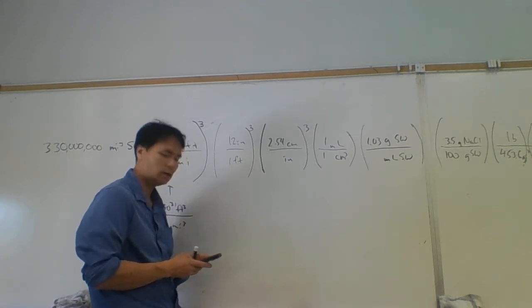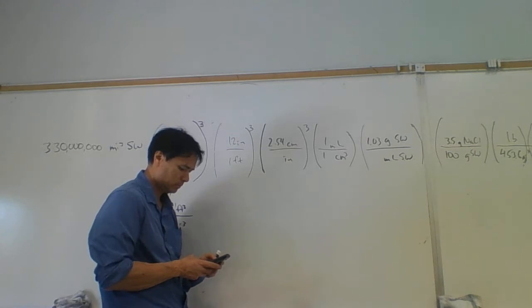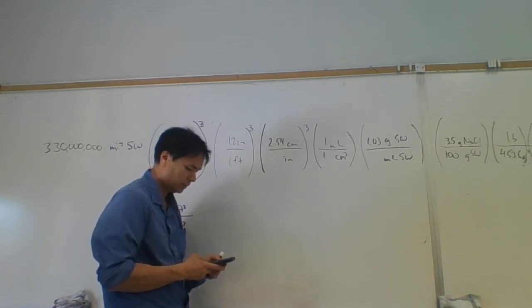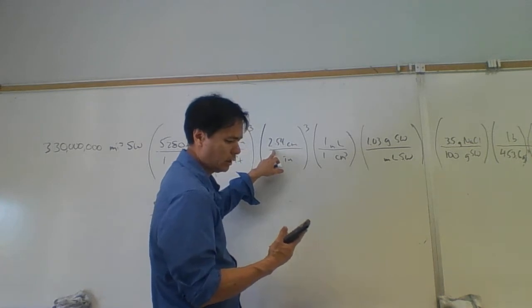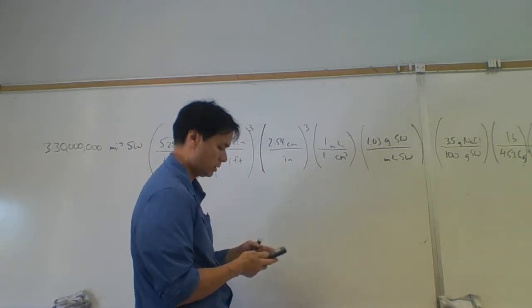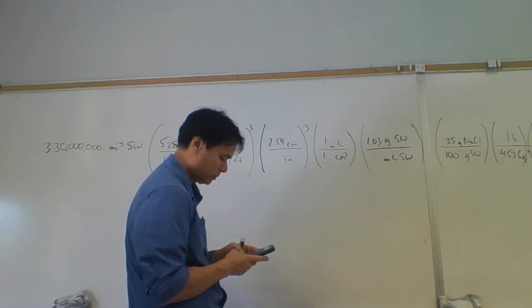Do you have a cube key on your calculator? I don't. I'm using a TI or HP30 here. It was just a calculator that was sitting around. Times 2.54 cubed.